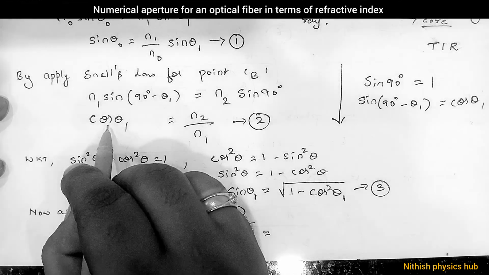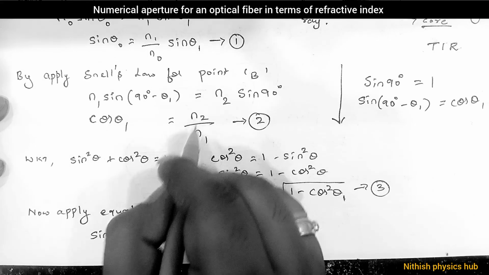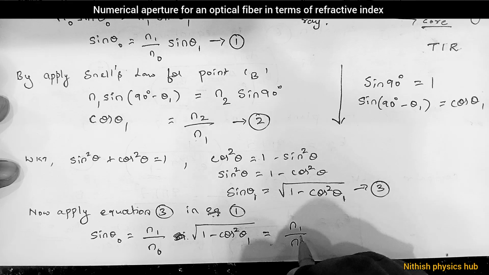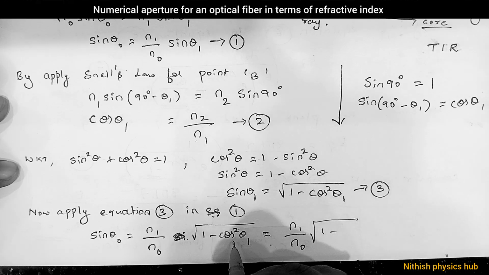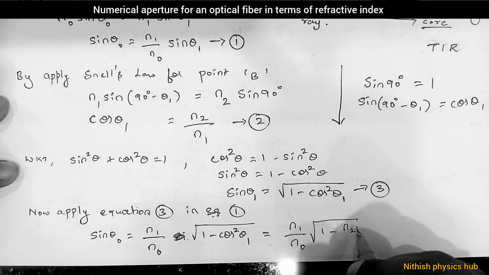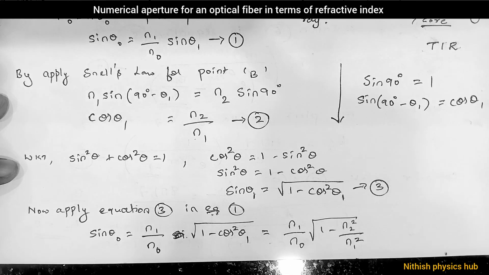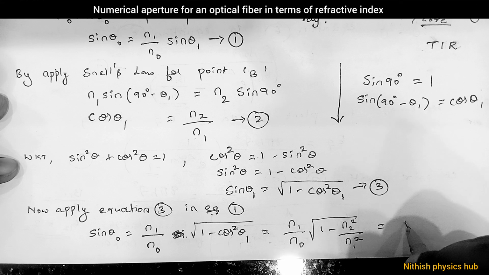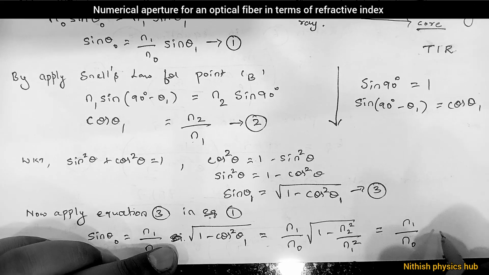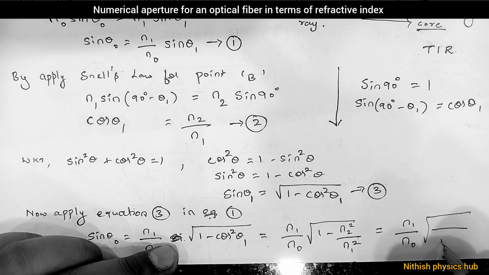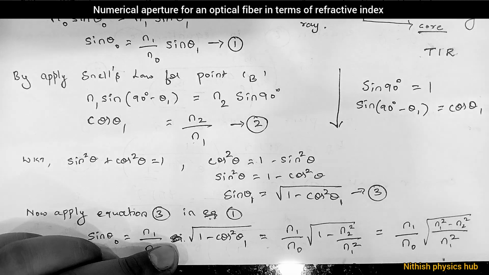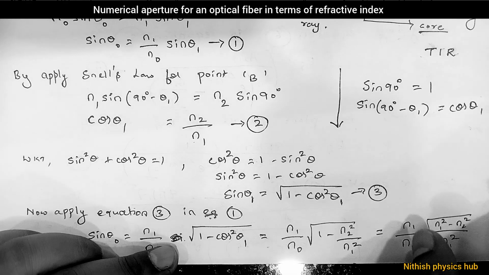Now we already know the value of cos theta 1: n2 divided by n1 by equation 2. Just apply that value. Cos theta 1 is squared, so you take it as n2 square divided by n1 square, and take the LCM, and the value will be n1 divided by n naught times the square root of (n1 square minus n2 square). Right?